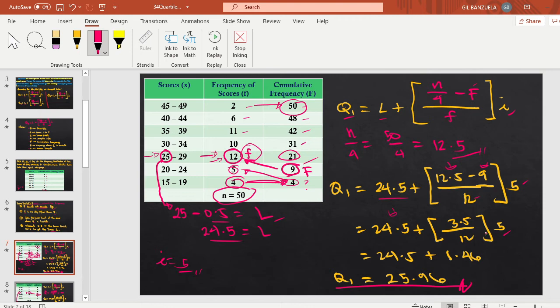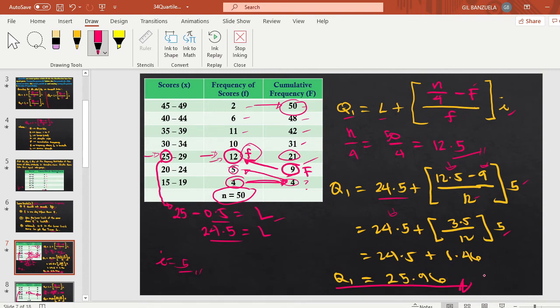Then by using our calculator, 3.5 over 12 times 5 is equal to 1.46. Then getting the sum, 24.5 plus 1.46 gives us 25.96.